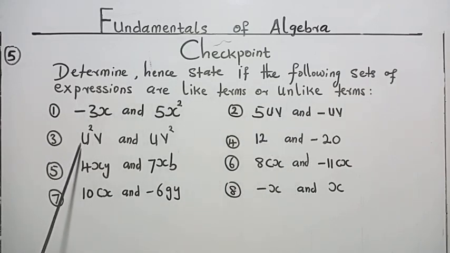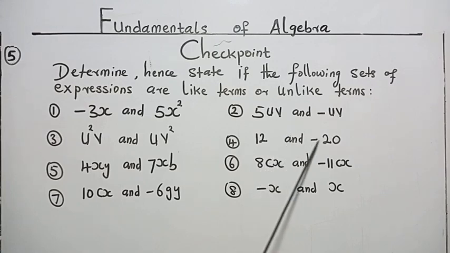Number 3, u squared v and uv squared. Number 4, 12 and minus 20. Number 5, 4xy and 7xb. Number 6, 8cx and minus 11cx. Number 7, 10cx and minus 6gy. Number 8, minus x and x.